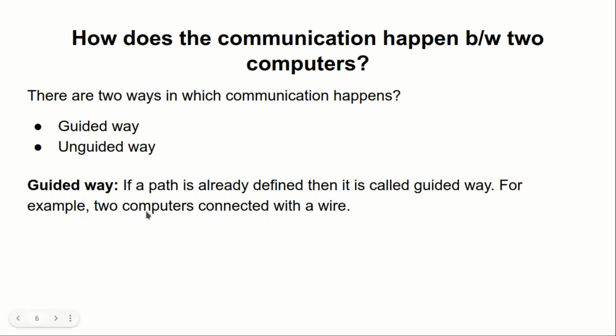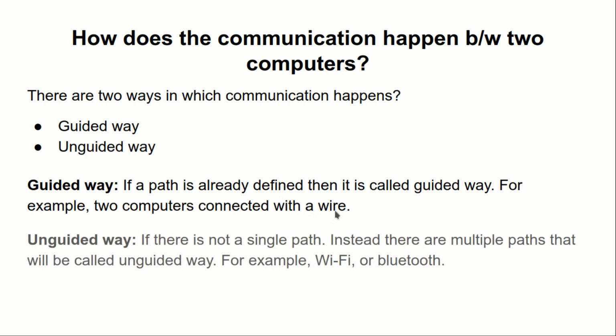For example, two computers are connected with a wire. The wire shows the guided way: with the help of this wire, two computers are connected, and all the data transferred between these two computers will not go somewhere else because the path is already defined. Alright. Now let's move to the unguided way. If there is not a single path, and instead there are multiple paths, that is called the unguided way.